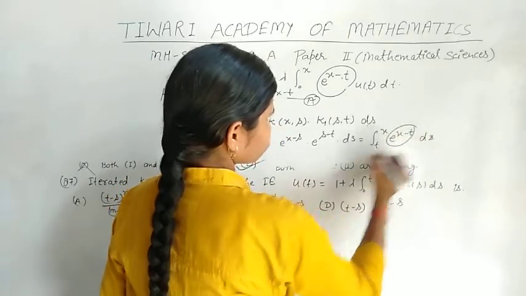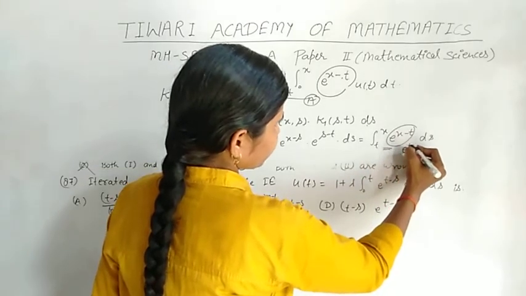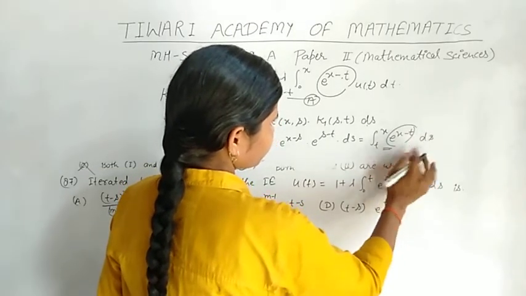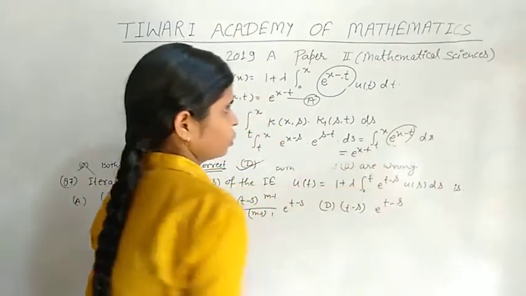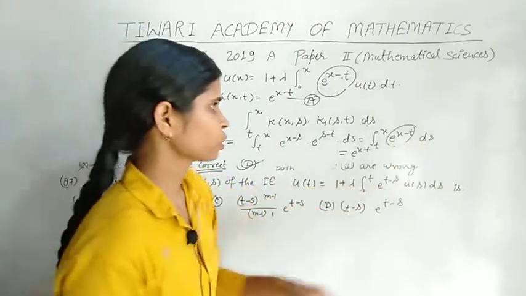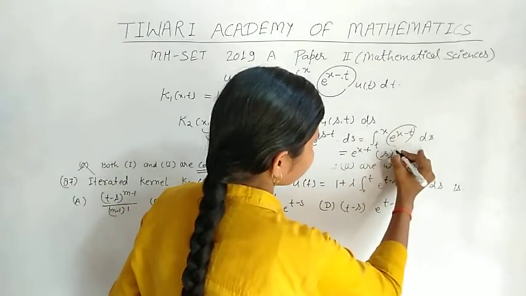Here this is a constant term, so outside the integration, e raised to power x minus t, 1 into ds, so s, from t to x gives x minus t.